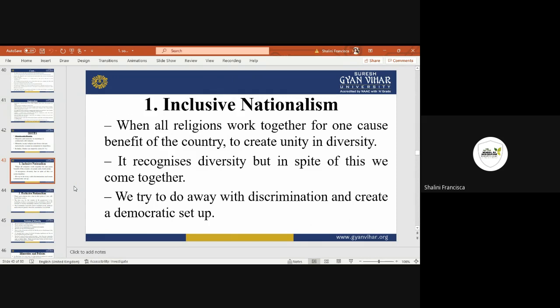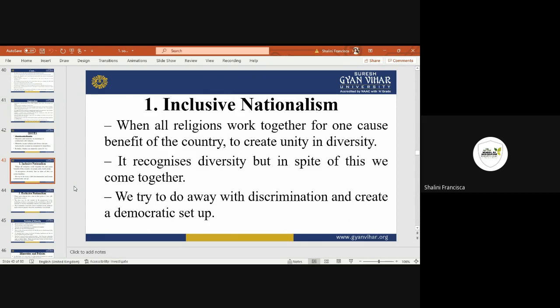We have known that in India discrimination happens based on caste, creed, the way you speak, the religion you follow, the dresses you wear. But if you talk about inclusive nationalism, we all have come under one flag, that is Indian.